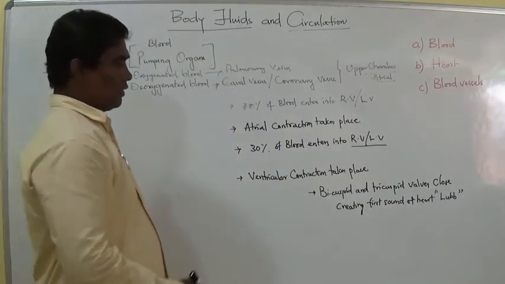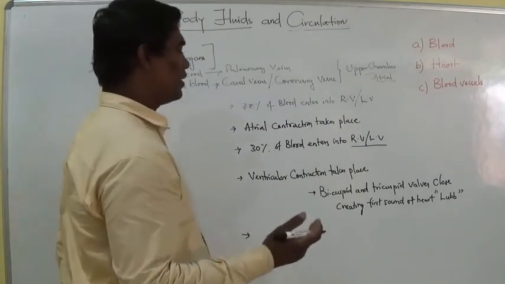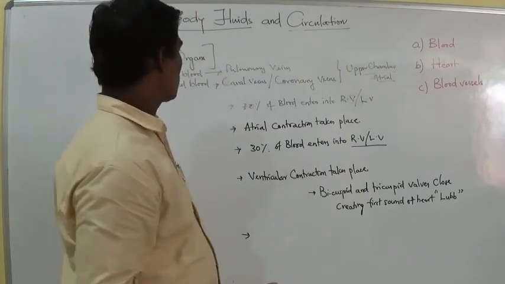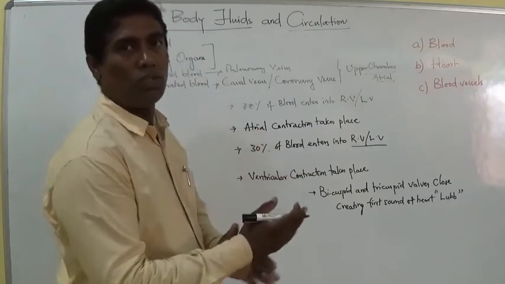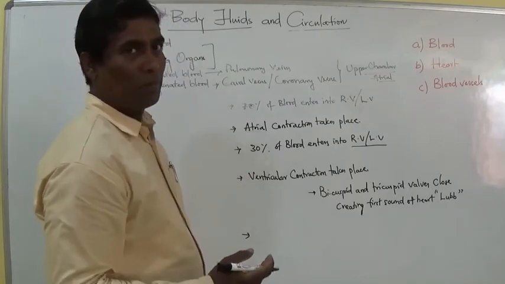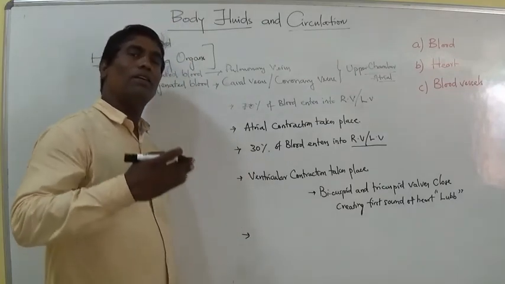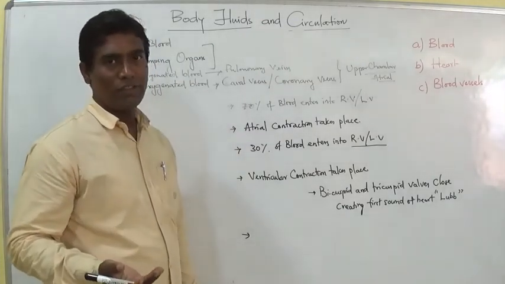Clear? So blood from the ventricular chambers passes through the aortic branch and through the pulmonary arteries, the pure and impure blood passing to the body parts and the lungs respectively.